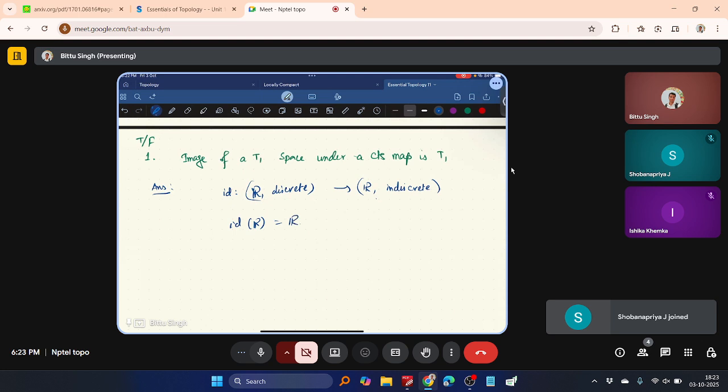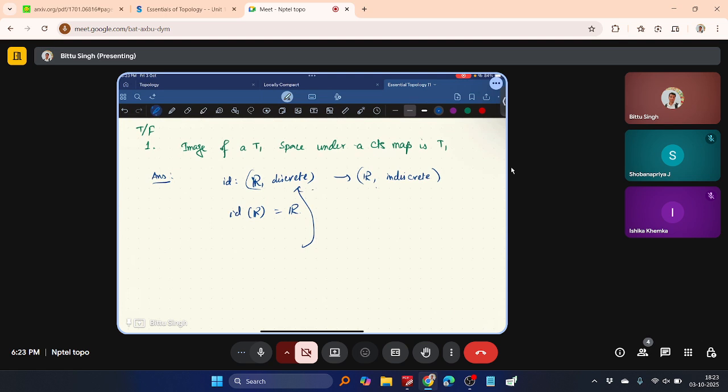But note that R with discrete topology is a T1 space. Moreover, this is a T2 space, because for any two points X and Y, I can take the open sets as the singleton sets, X belongs to its singleton set and Y belongs to its singleton set. Those are disjoint open sets which contain X and Y respectively. But R with indiscrete topology is not a T1 space.